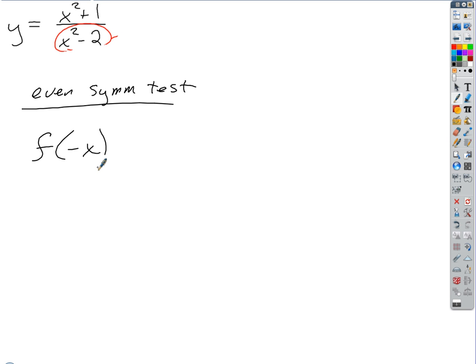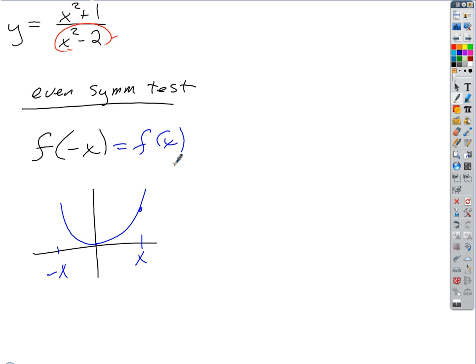Think even symmetry, symmetry like this. When I went out to positive x, I got back a certain y value, a certain value of the function. If I go to negative x, what am I going to get? The same value. So it's equal to f of x.